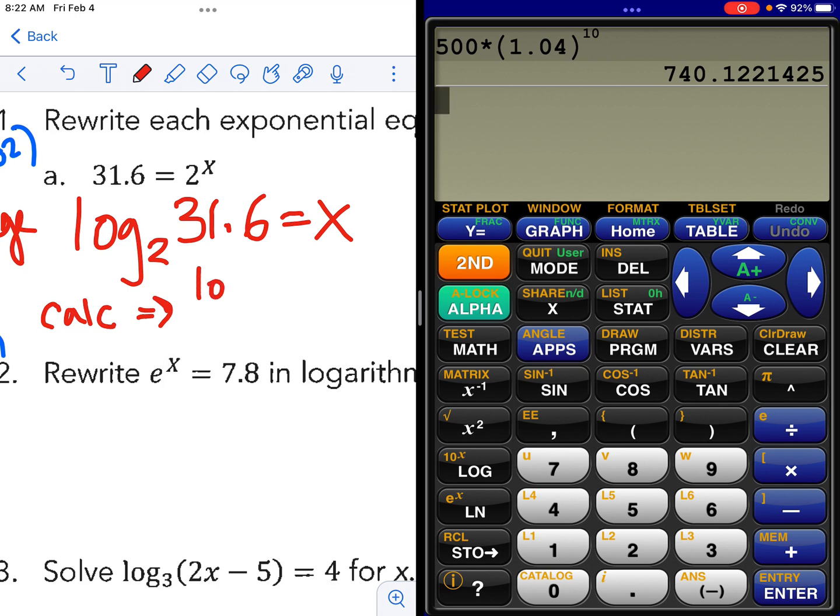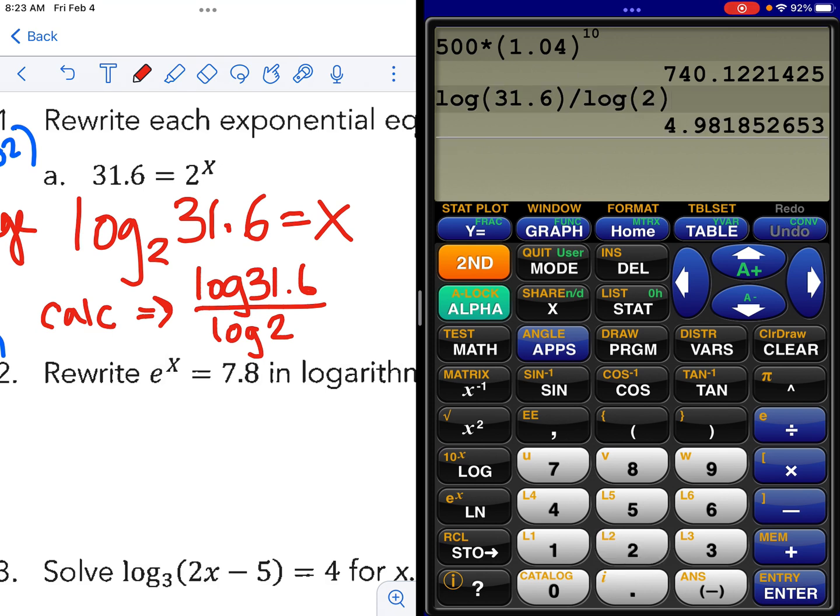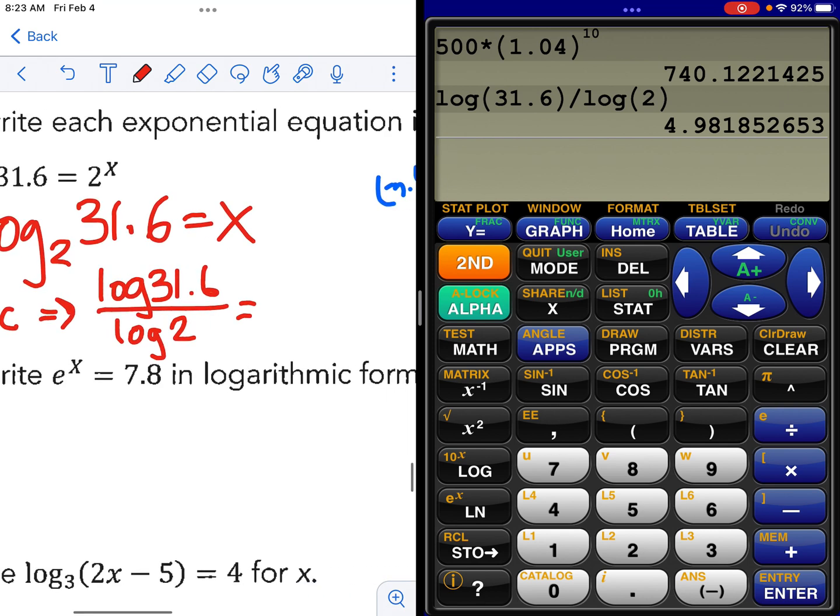And because we don't have a base 2 key, the way we change that is we say the log of 31.6 divided by the log of 2. So on your calculator, it would be the log of 31.6 divided by the log of 2. And that answer is roughly 4.982.